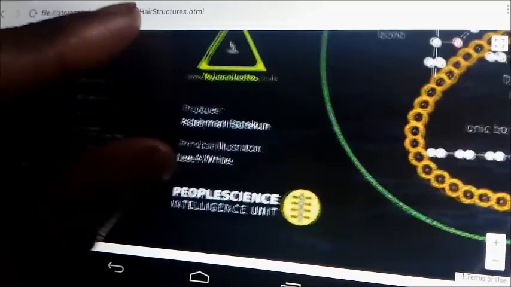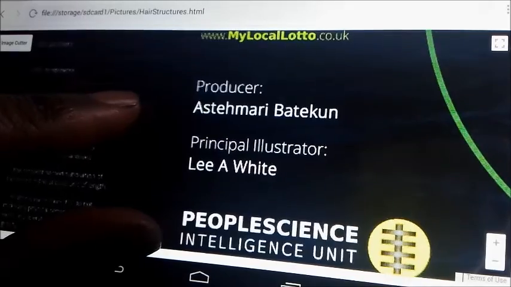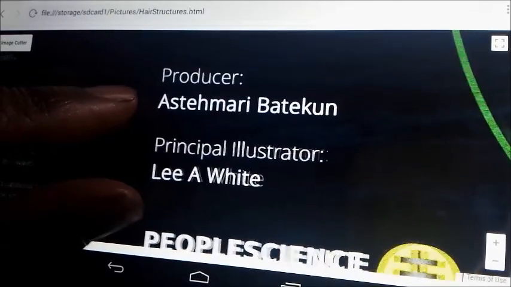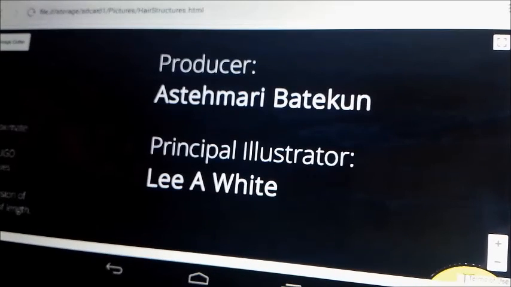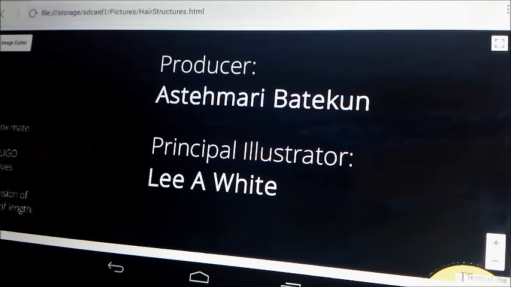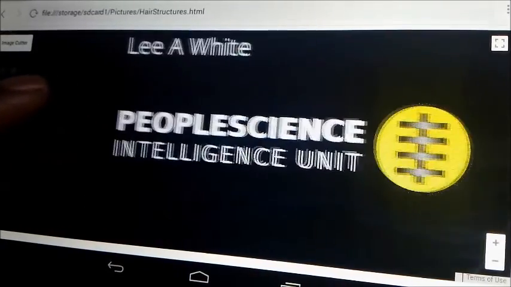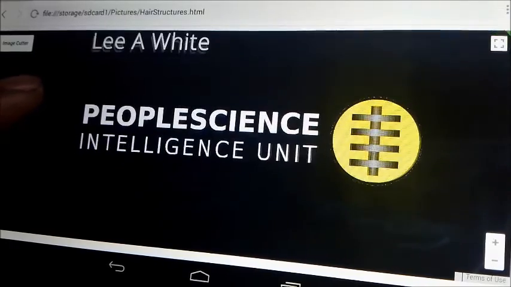This resource is produced through People Science, and the organization of People Science essentially is about research and supporting advanced learning. I've mentioned unified knowledge several times, and you'll find here it's written with some Ethiopian script.